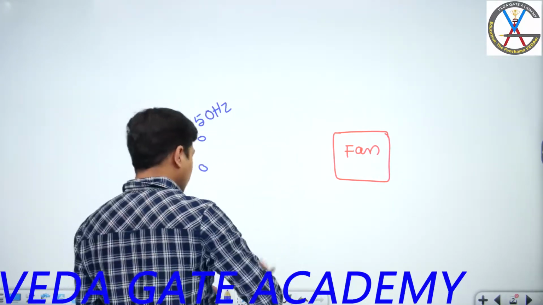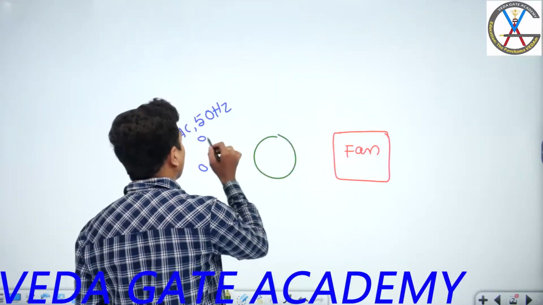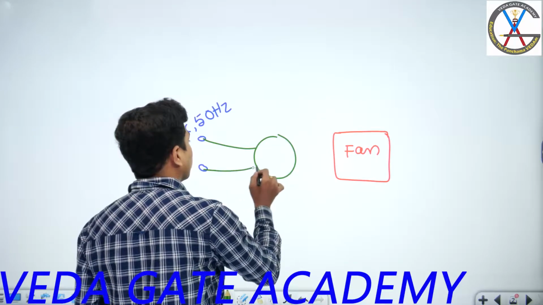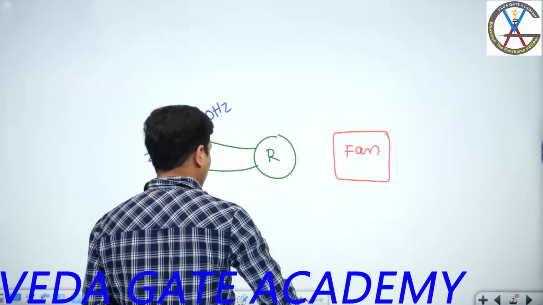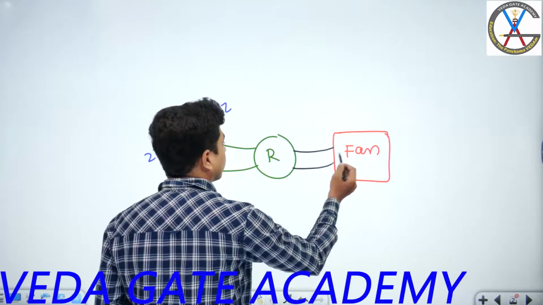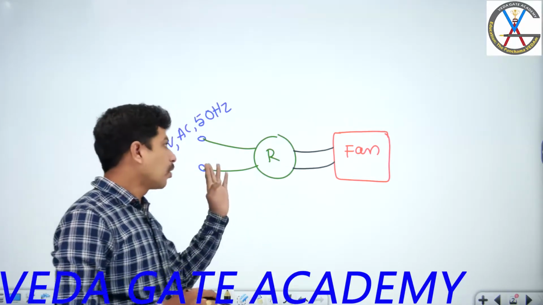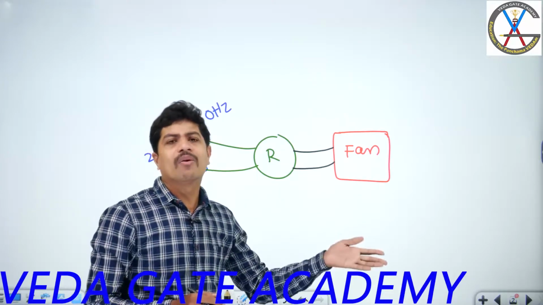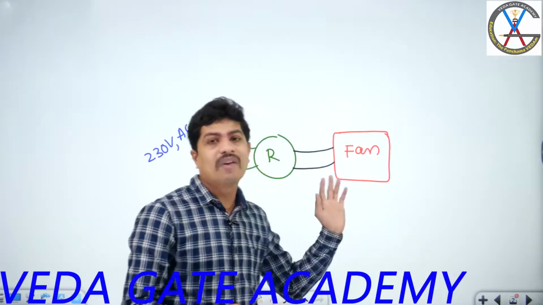Here we are going to keep a regulator. Input is given to the regulator, and the output of the regulator is connected to the fan. If you do it in the reverse way, the total input connected to the fan will make it rotate at its full speed, and there is no use of connecting the regulator to the fan after that.